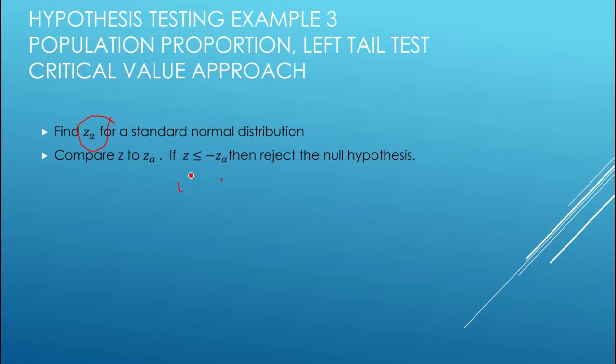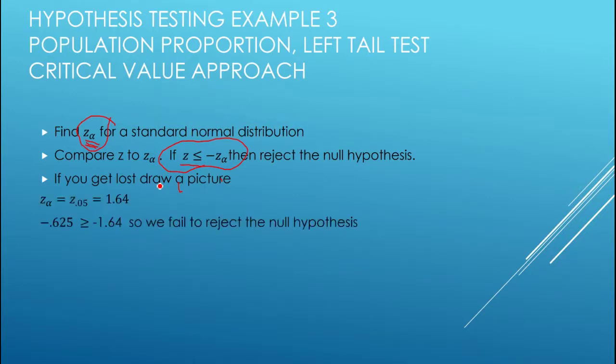Then we will compare z to z alpha, and if z is smaller than minus z alpha, then we'll reject the null hypothesis. My convention here is that I've looked up z alpha, based on a formula that I used in Excel, and z alpha is positive. So you have to remember that we should end up with a negative critical value because we have a left-tailed test. So if you get lost, draw a picture.